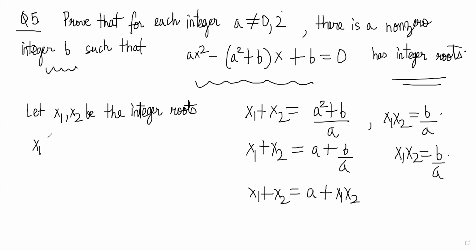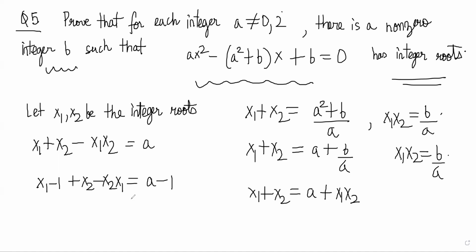So now we can write it as x1 plus x2 minus x1 x2 is equal to a, and if I want to factorize this, I can write x1 minus 1 plus x2 minus x1 x2 is equal to a minus 1. So we can easily factorize this.